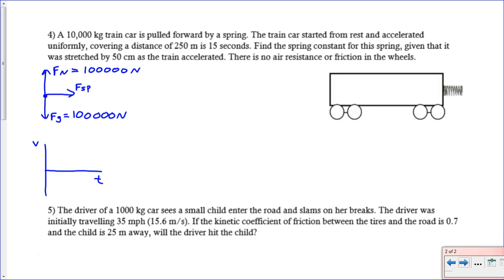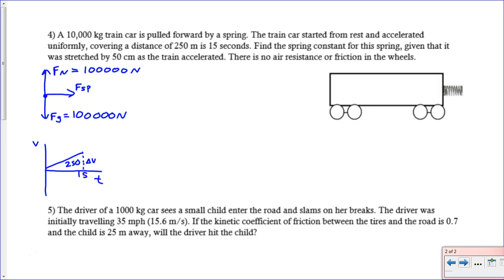We're going to assume that this started from rest. It's accelerating uniformly. I say that it covers a distance of 250 meters, and that happened in a period of 15 seconds. And so one thing we can do here is we've got the area of that triangle and we've got one of the sides. I'm going to call this my change in velocity.